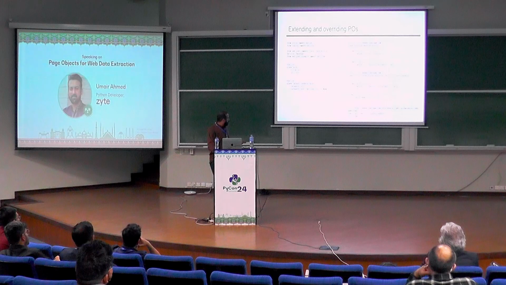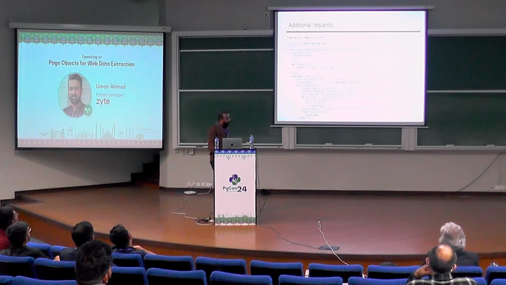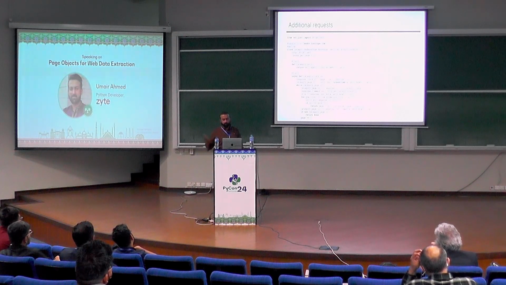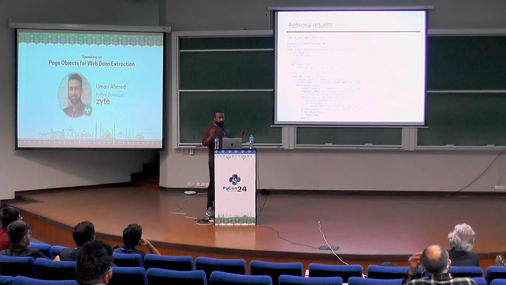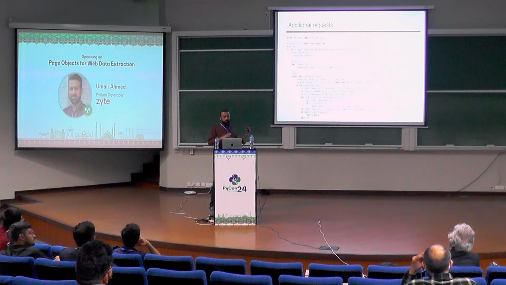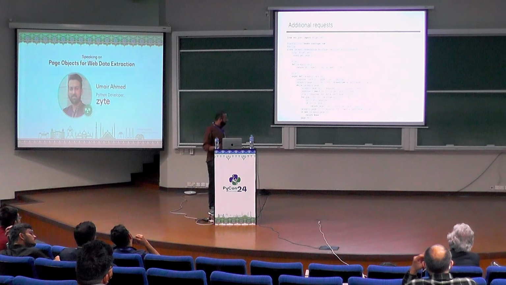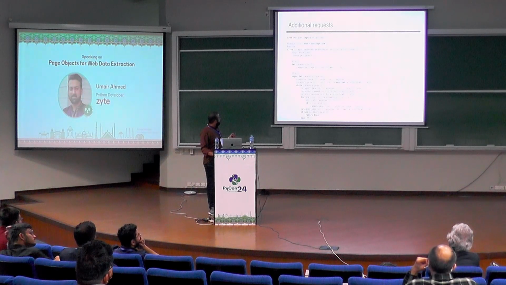Let's see how we can handle more cases. A very common use case in scraping is that we sometimes have to make additional requests, because websites are very JavaScript heavy and you have to make different calls. This whole package is built using our experience of web scraping for all these use cases, so we provide you with an HTTP method.